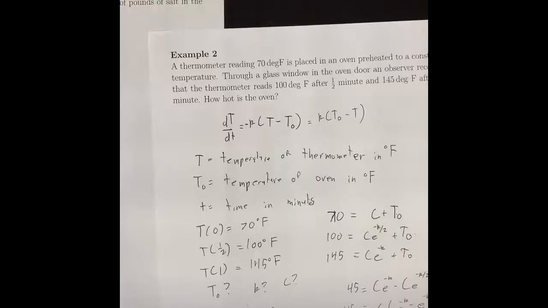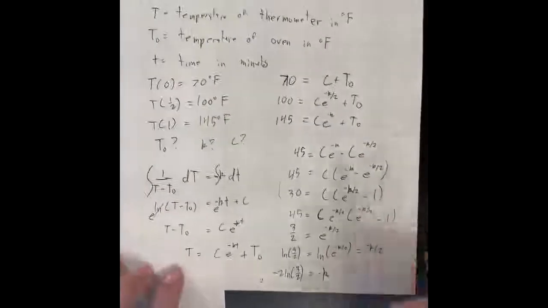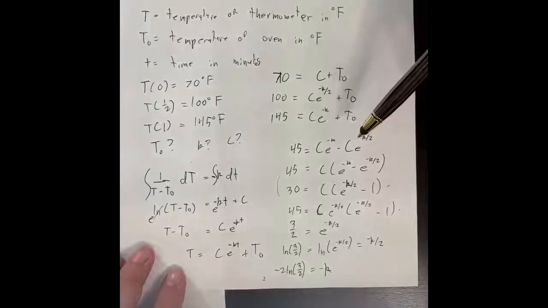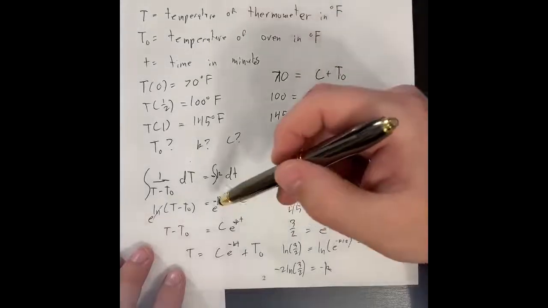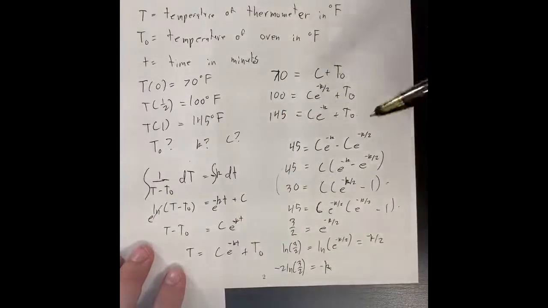Can you show the bottom of the page real quick? Yeah, sorry. So I think I made a sign error through here. So let's just kind of double check that through. Negative k, negative k, negative k.